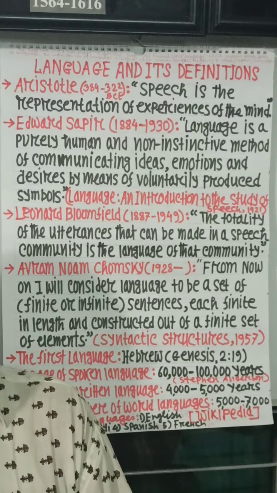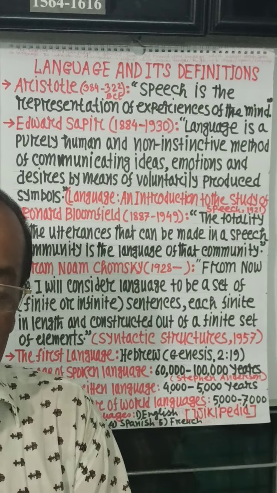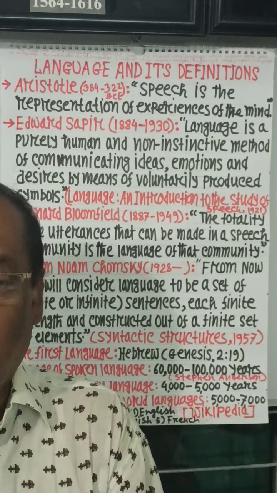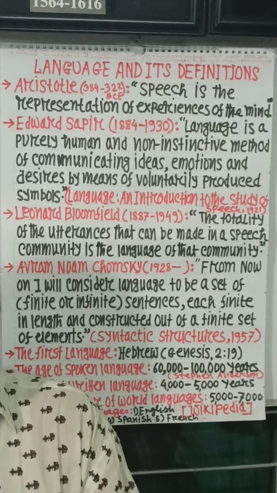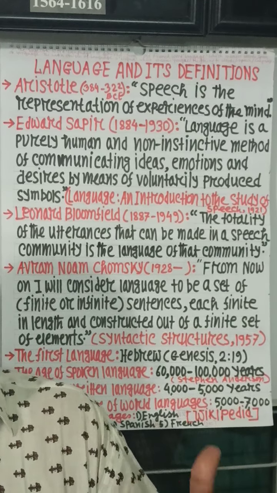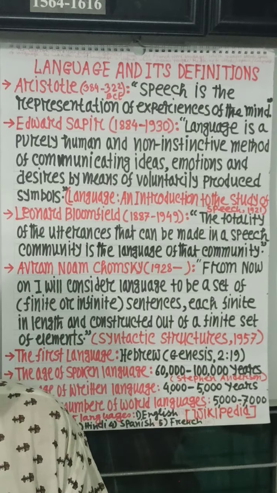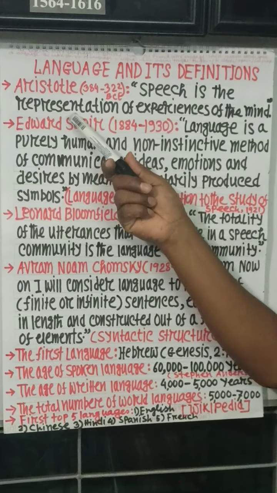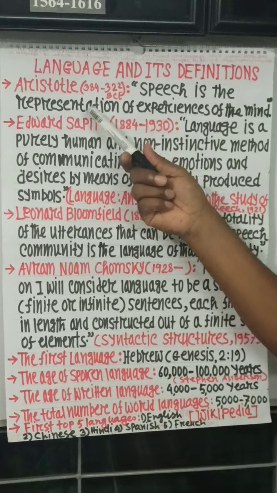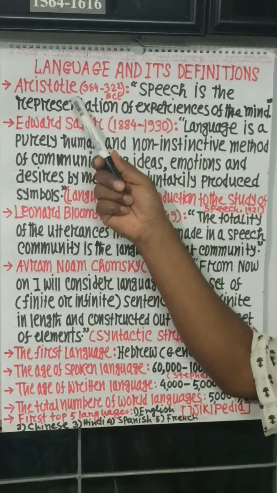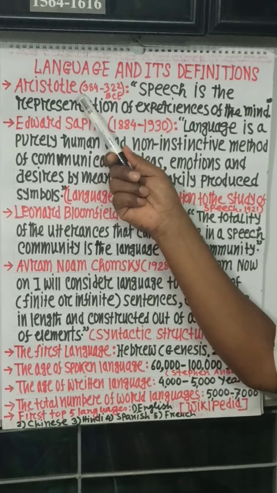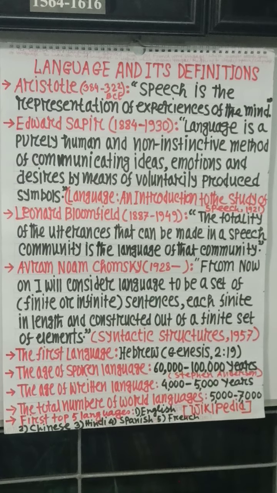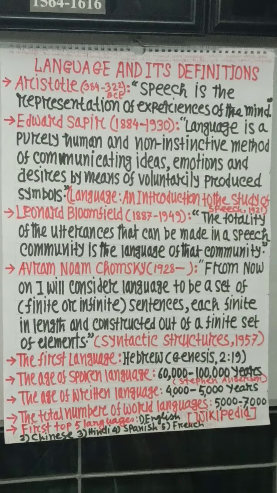Now let me mention some important definitions given on language by the famous linguists of the world. My students, at first we can mention the definition given by Aristotle, one of the greatest and oldest Greek philosophers.